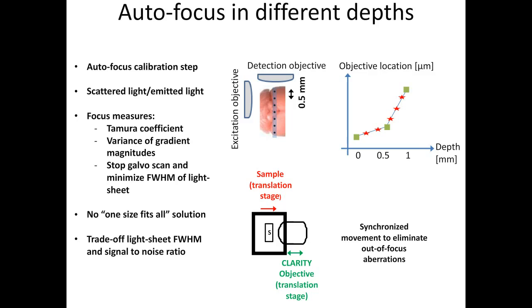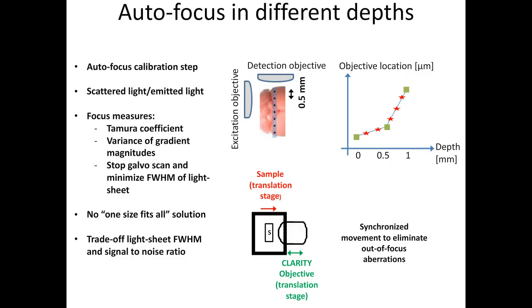So for autofocus, you need to think about whether you want to use scattered light versus emitted light, and what focus measure to use. And I have to say that there is no one-size-fits-all solution, especially when you look at different organs. You need to sometimes tailor the autofocus algorithm to that specific organ that you're looking at.